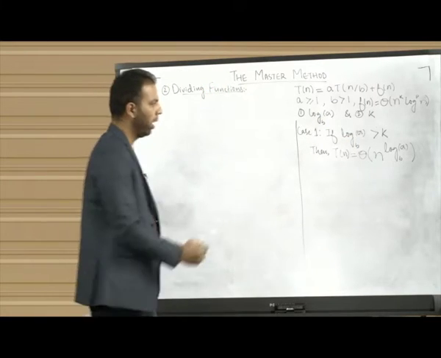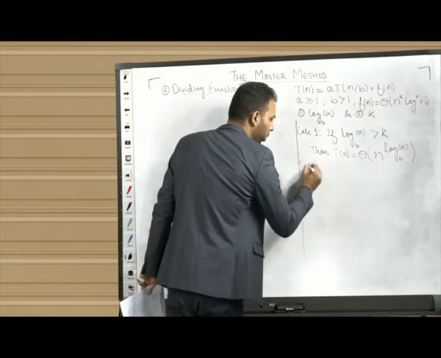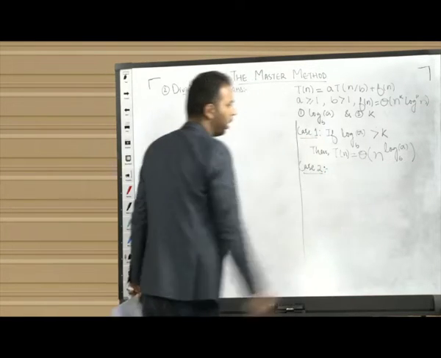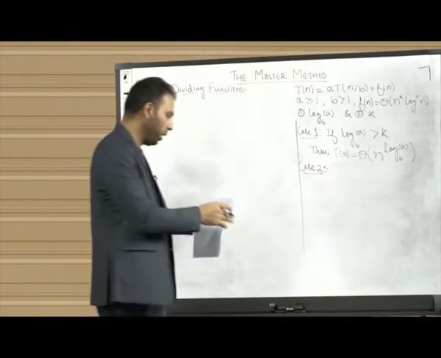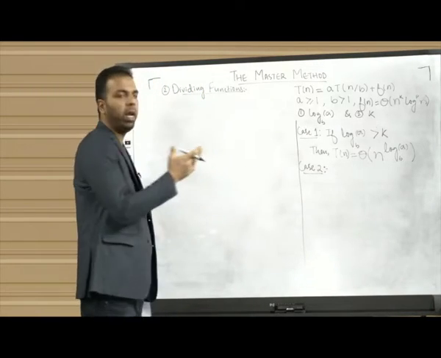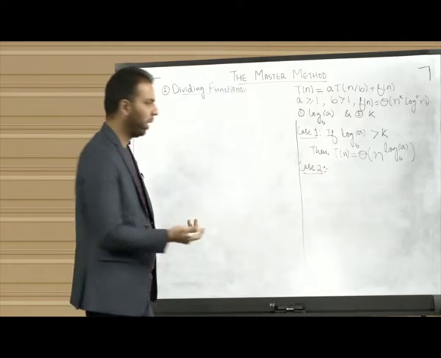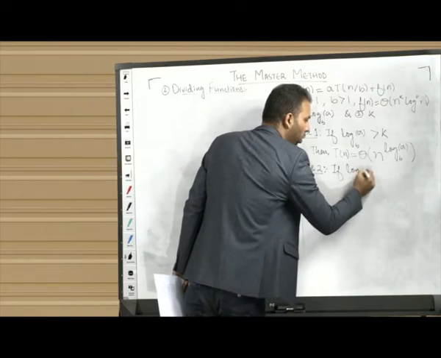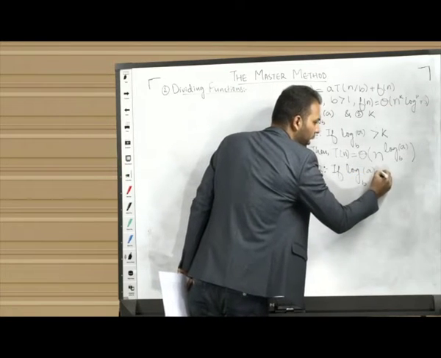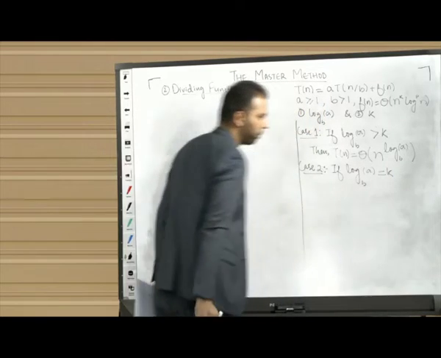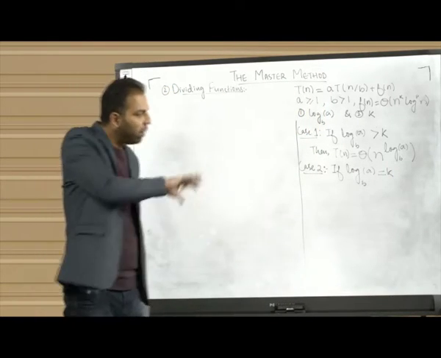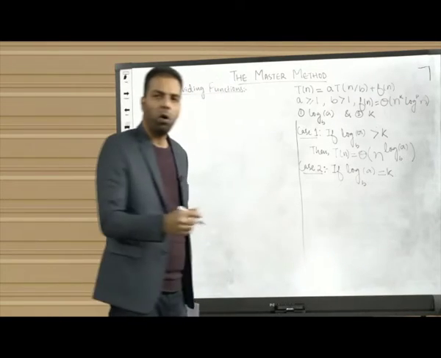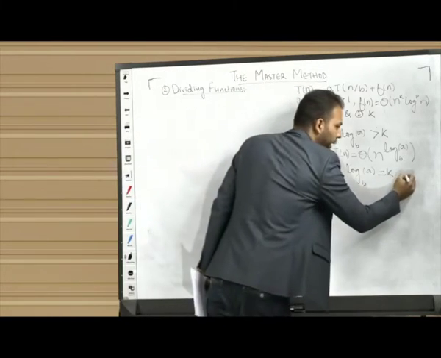Fine. Now your case 2. Case 2 is when log a to the base b is equal to k. But there are sub cases in this case. When it is equal to k, we have to also see another thing.